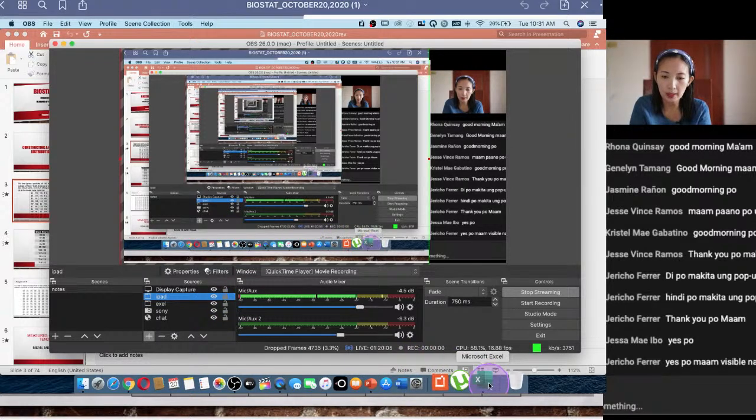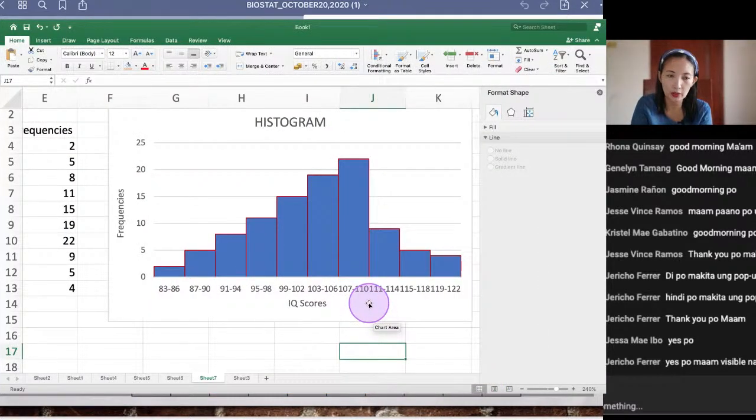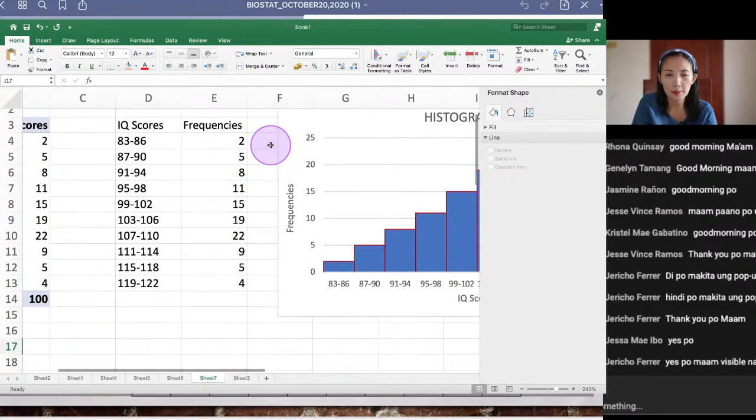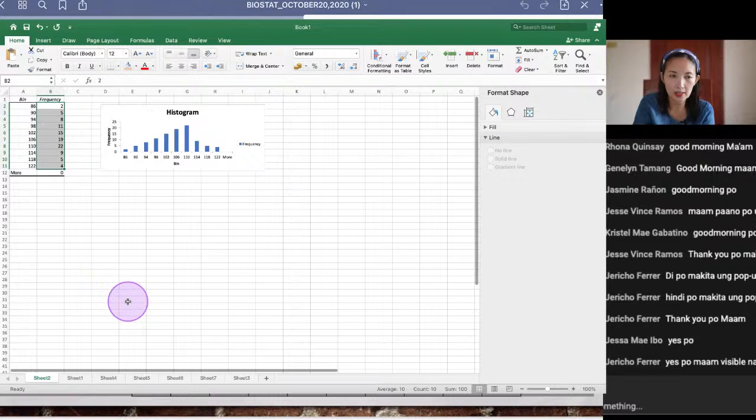One thing more, the frequency polygon. The frequency polygon is a line graph of the midpoints. Midpoints versus frequencies.